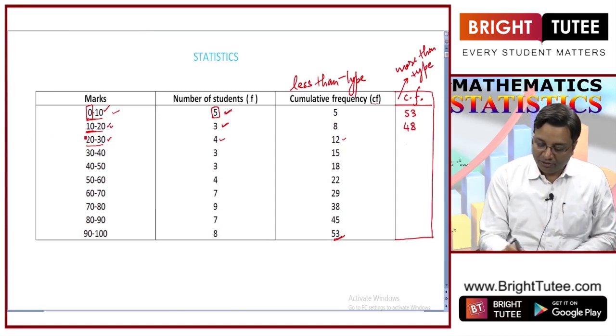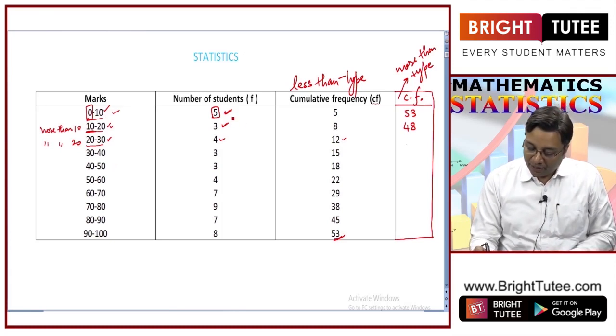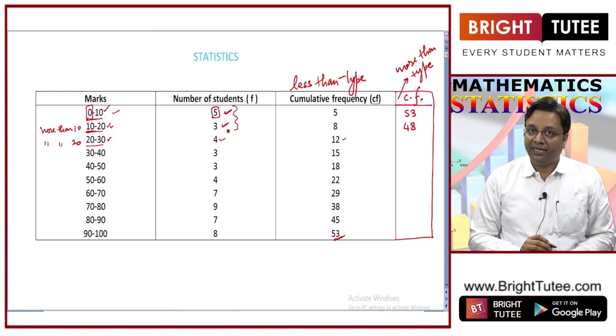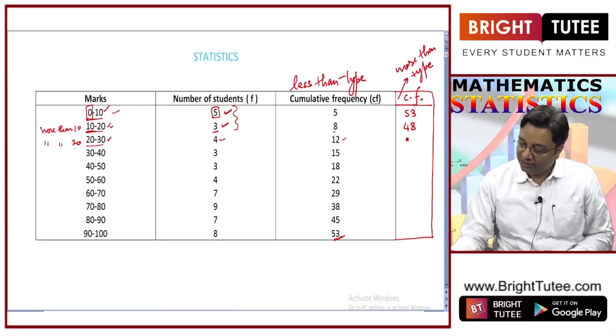Now, this was about more than 10. So, more than 20 if I ask you, you will say apart from these 8 students, everybody else has got more than 20 marks. So, 53 minus this 8, right. So, that is 45 students.